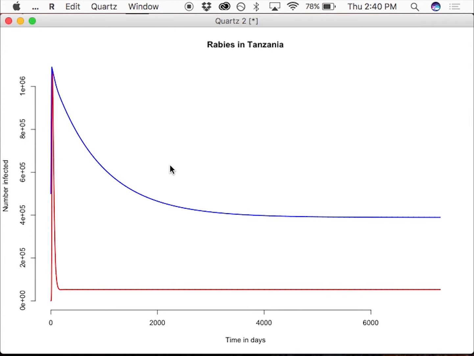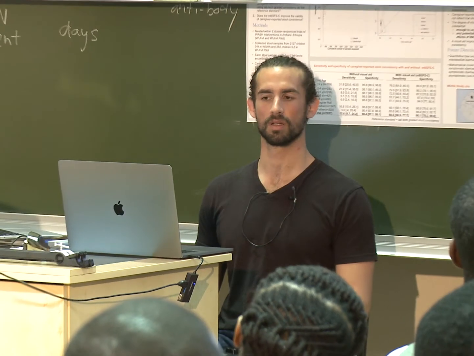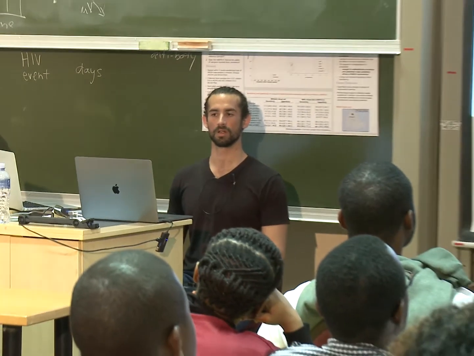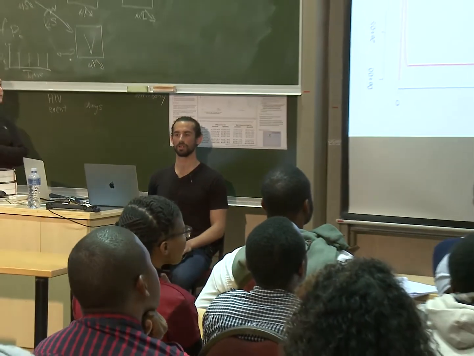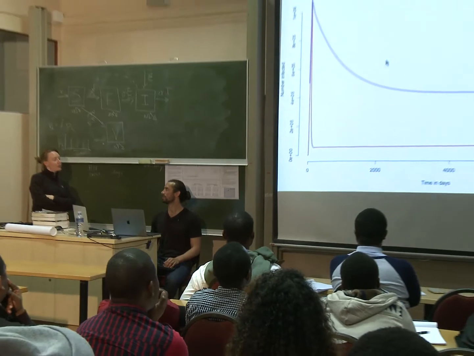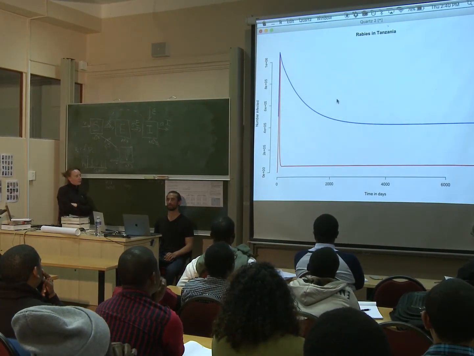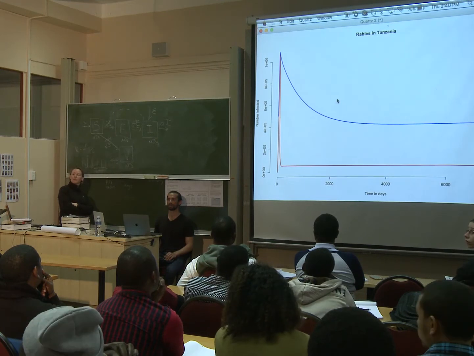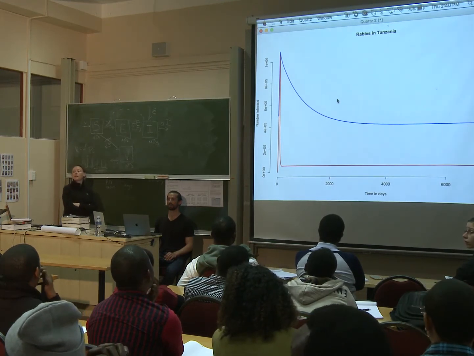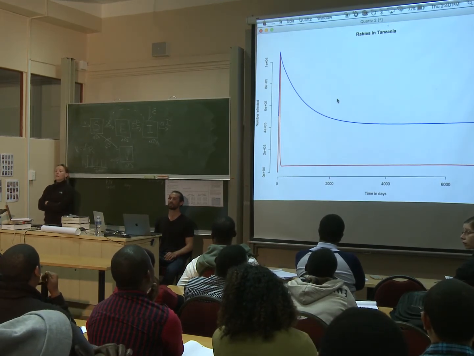So what's going on with the number of dogs that are vaccinated? Maybe we should. Kari. It's one small mistake. I don't know how much the difference is making, but you use the total population size, but you don't.